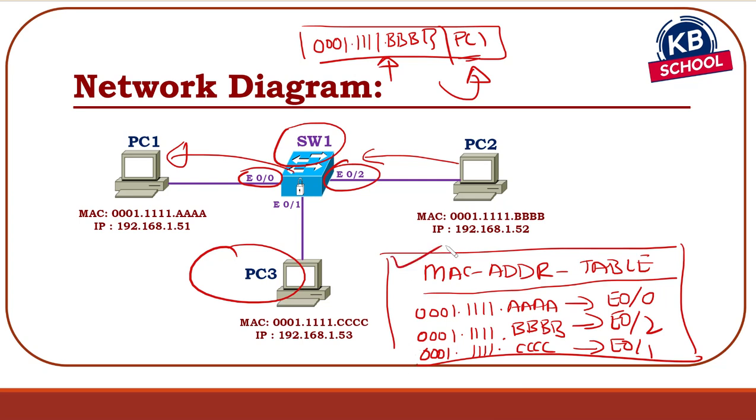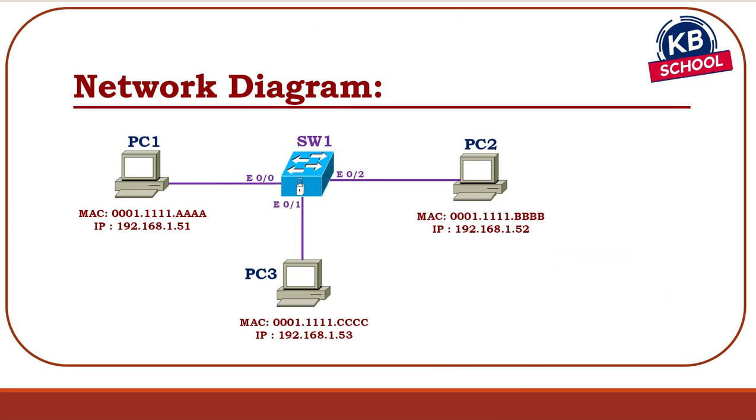So anytime a frame is received where? On a switch port, it checks the source and makes sure that source is in my MAC address table because the source is coming in from a particular port. That is the way the switch learns the MAC address.